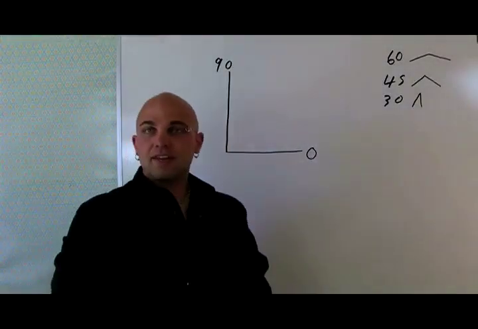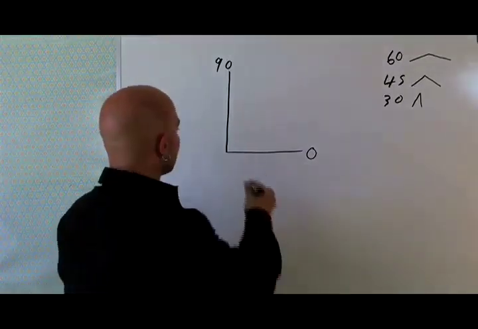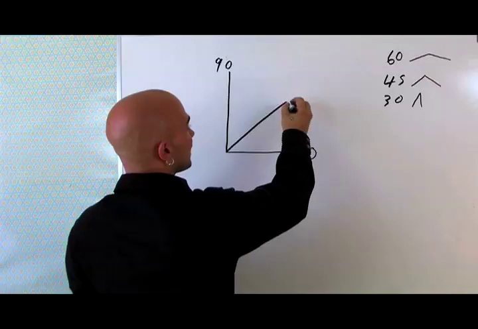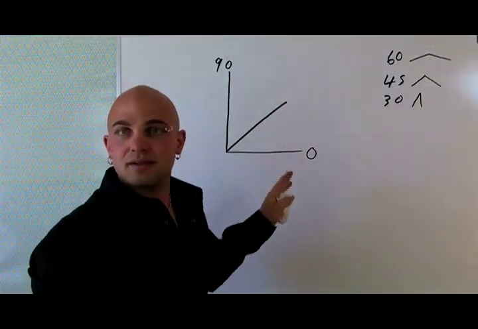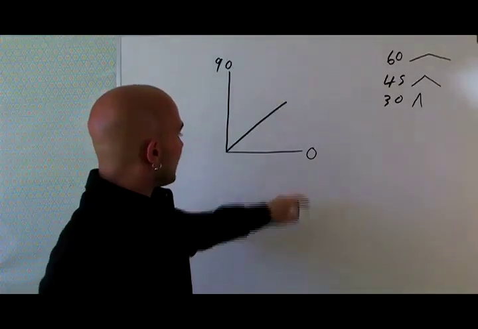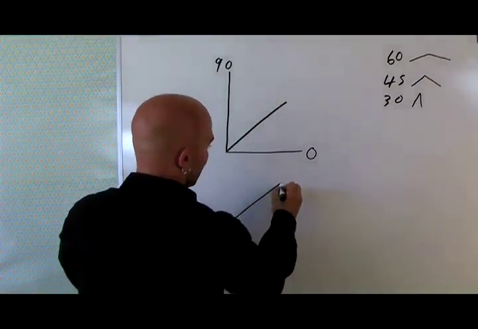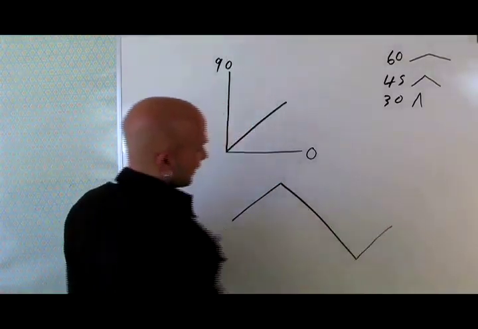Now, if the pyramid that we measured came out at exactly 45 degrees, all we do is measure outward 45 degrees. That's it. If we show that down here, we're going to have 45 degrees, 45 degrees, 45 degrees.